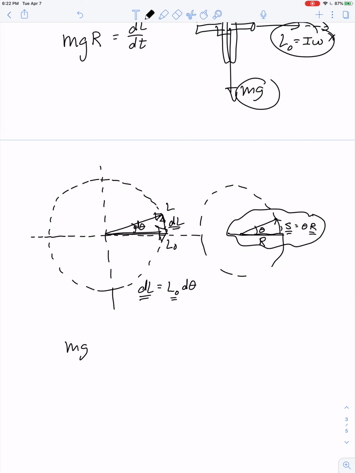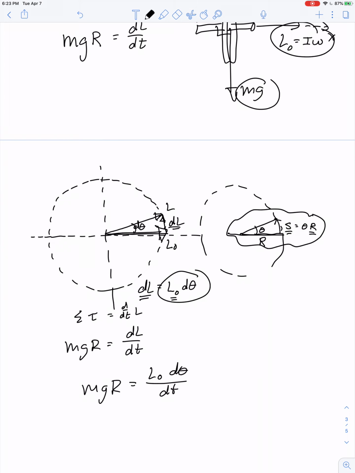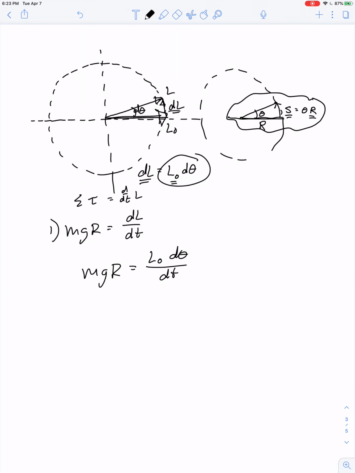So we have mgr is equal to dL/dt. This is a way of stating Newton's second law as net torque equals the time rate of change of angular momentum. But then again, dL is L naught d theta. So mgr equals L naught d theta/dt. Okay, mg times r is equal to, well, L naught is I lowercase omega, and then we're left with a d theta/dt.